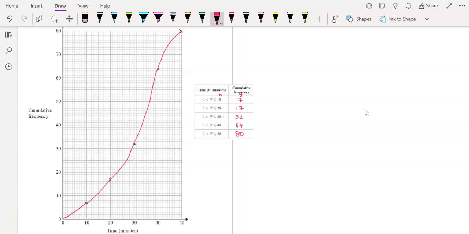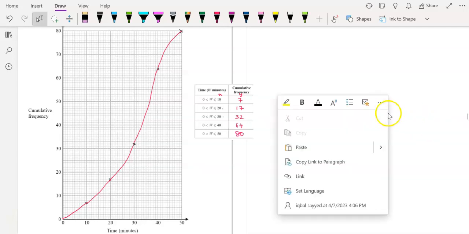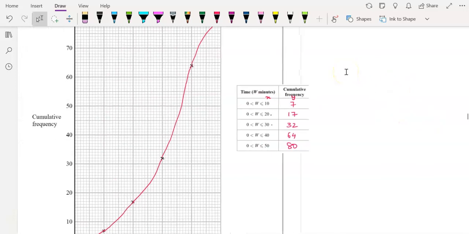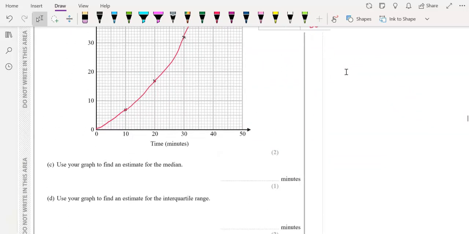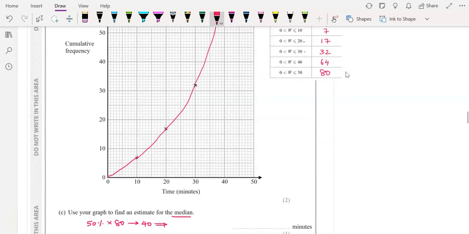The question says, use your information to find an estimate for the median. Now median is the 50% value. Your total frequency is 80. So 50% of 80 is 40. So you need to find for 40 what is the corresponding value. You need to go to your graph.